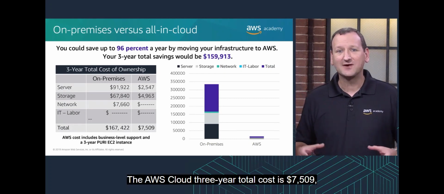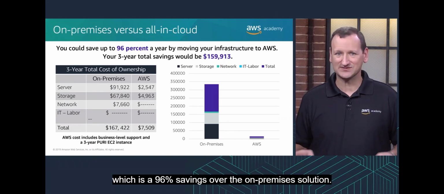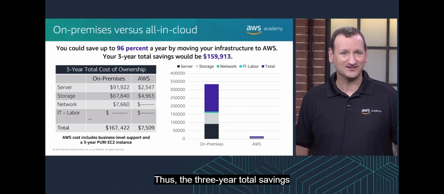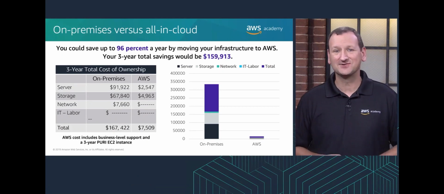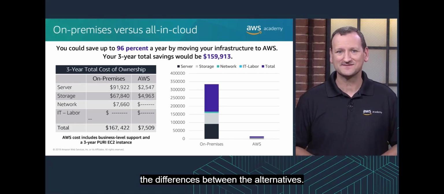The AWS Cloud 3-year total cost is $7,509, which is a 96% savings over the on-premises solution. Thus, the 3-year total savings using cloud infrastructure would be $159,913. This comparison helps a business clearly understand the differences between the alternatives.